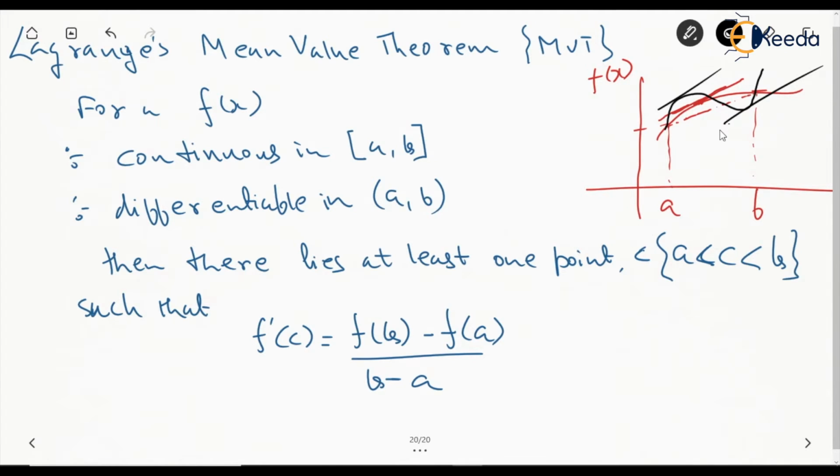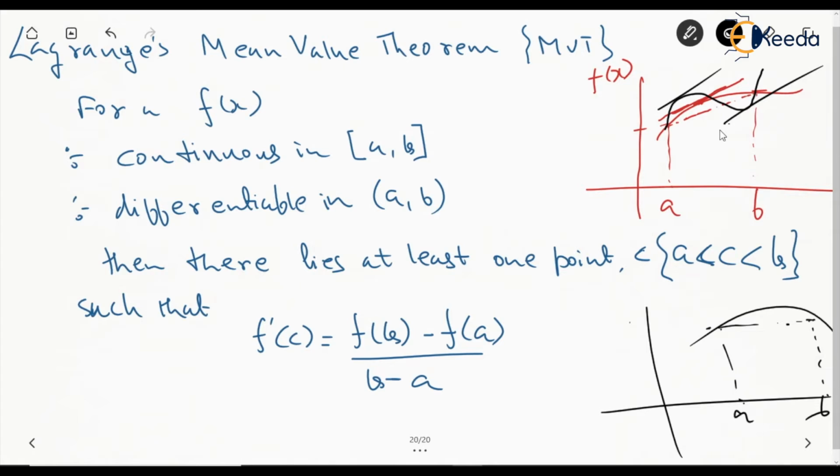And also Rolle's theorem, which had an extra condition that f of a is equal to f of b, is a special case. Let's say this is b, this is a. Then f of a and b are same.